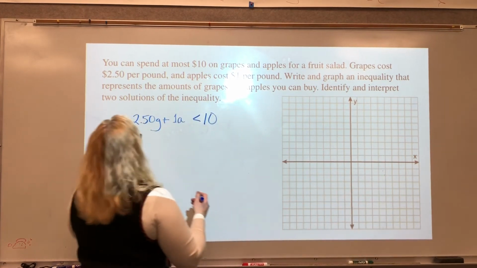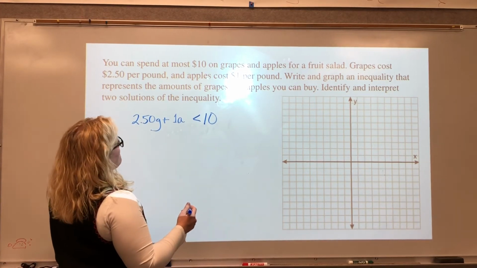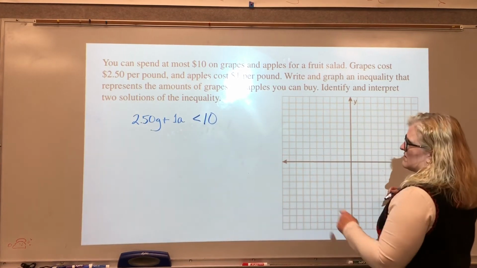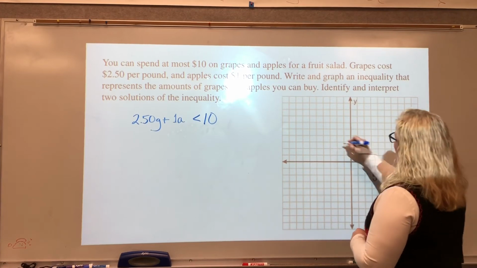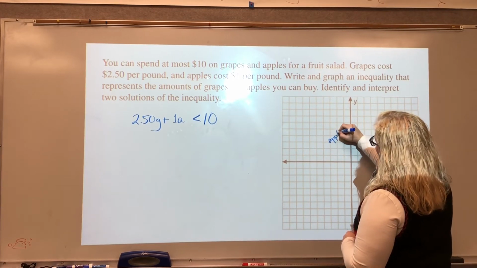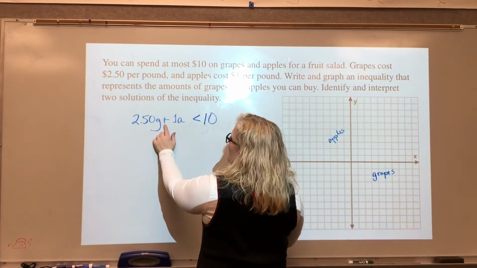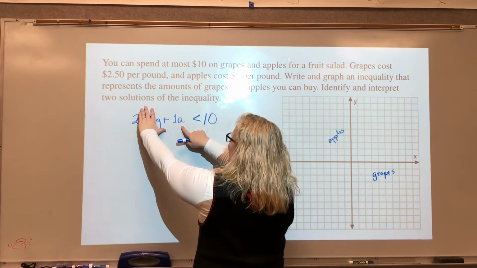All right, so let's see. What is my x-intercept? Let's do apples. No, grapes is going to be my x-intercept. Let's do apples as my y. So if I cover this up, if I have grapes be 0, then my y-intercept.